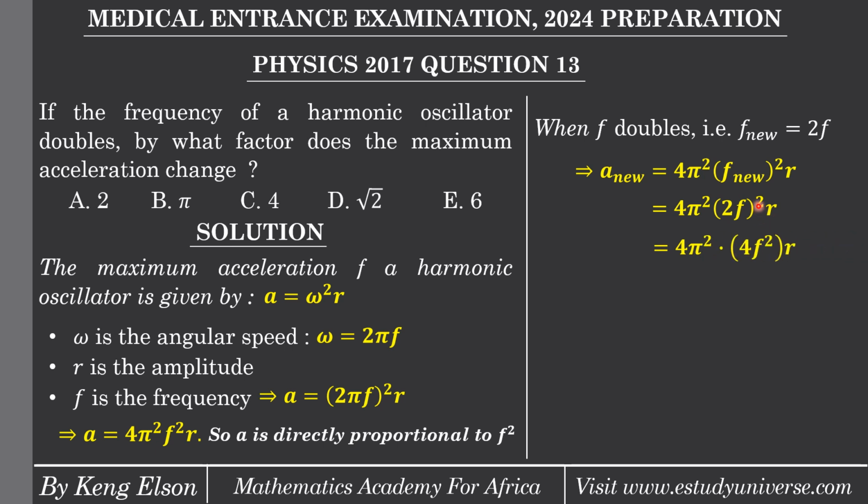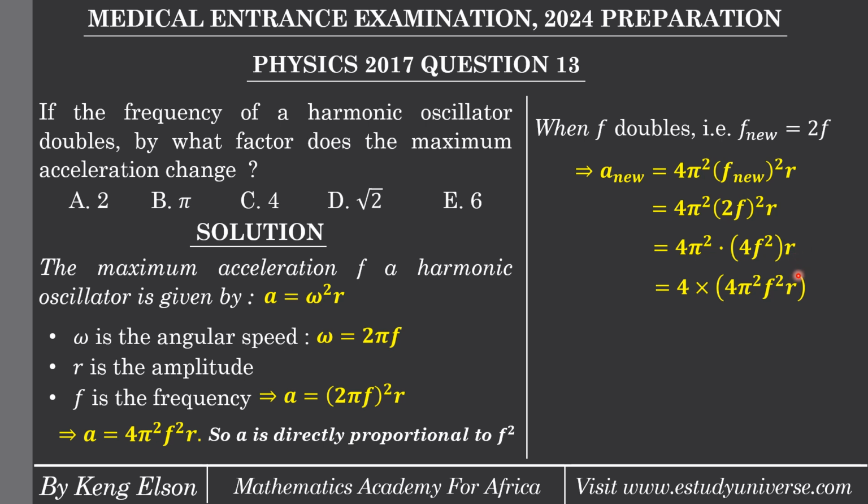Now (2f) all squared is 4f squared, but since I need to compare my result with the original acceleration, I am going to rewrite everything here as 4 times 4 pi squared f squared times r. What I did was that I removed this 4 from this position and multiplied it with 4 pi squared f squared and r.